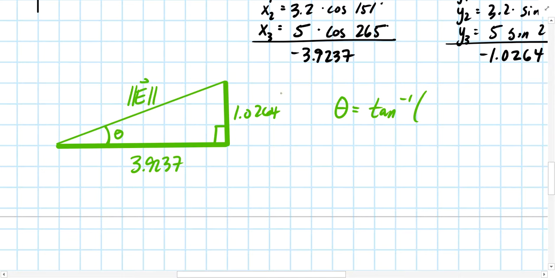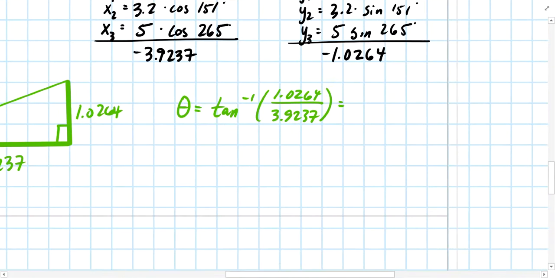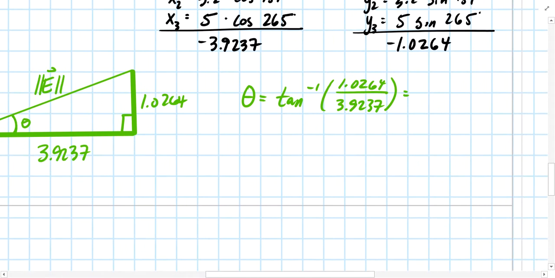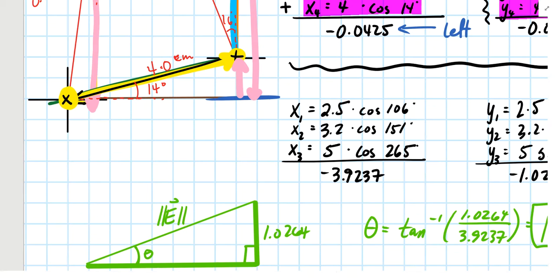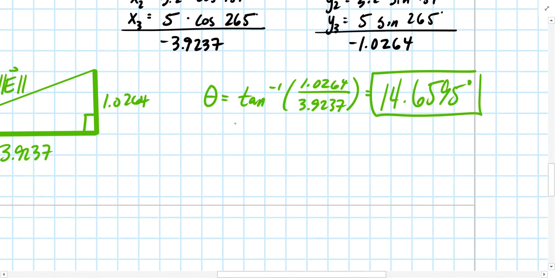We'll take the opposite side length, which is our vertical component, 1.0264, divided by our horizontal component, 3.9237, and the computed result should give us our theta value, the correct angle that would return the print head back to start. And that appears to be 14.6595 degrees. Close to the 14-degree angle, which is good, but not exactly the same as precisely 14 degrees.